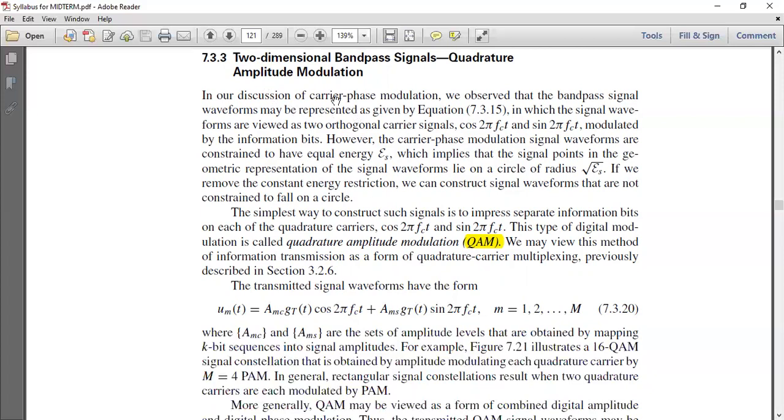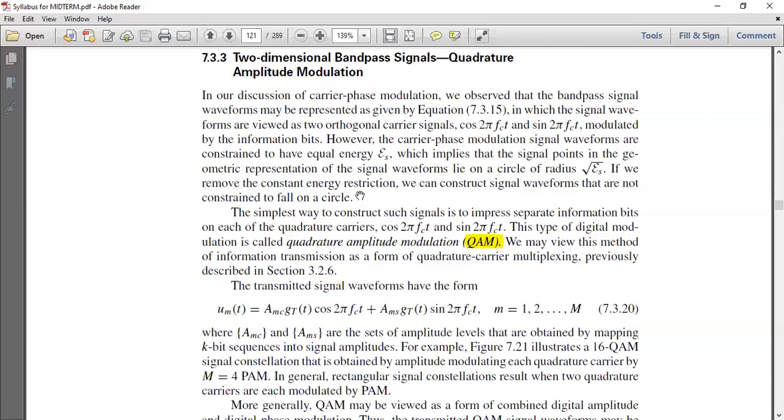In case of carrier phase modulation, we observed that the band pass signal waveform may be represented by those equations in which the signal waveforms are viewed by two orthogonal carrier signals. However, the carrier phase modulation signal waveforms are constrained to have equal energy, which means the signal points in the geometric representation of the signal waveform lie on a circle of radius this way.